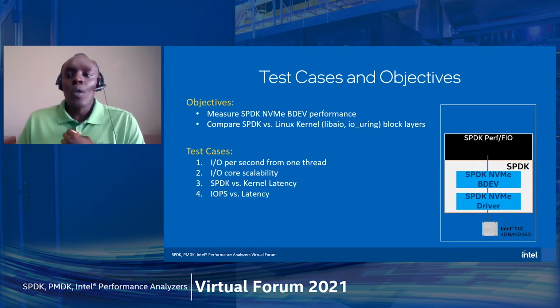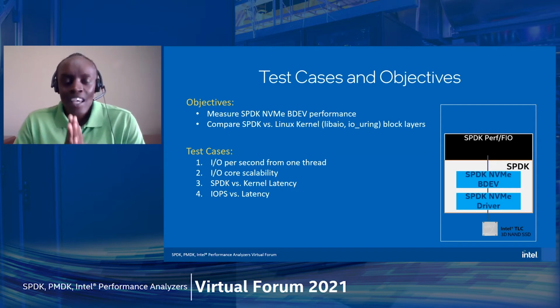When we do benchmarking on the local block storage, we configure the benchmark tool to use the SPDK NVMe BDEV and create a BDEV on top of each local PCIe attached NVMe device that we have in our test system.